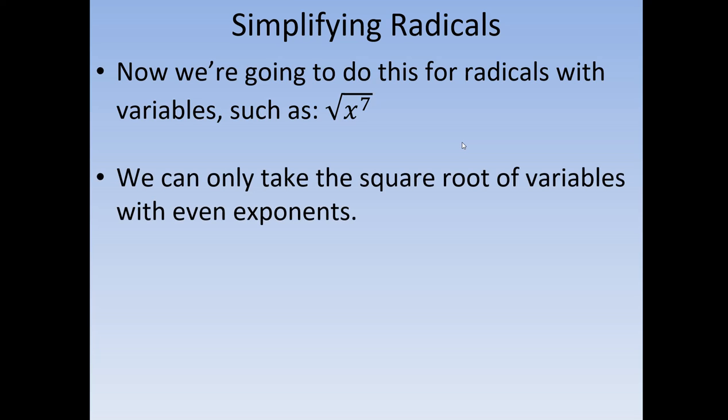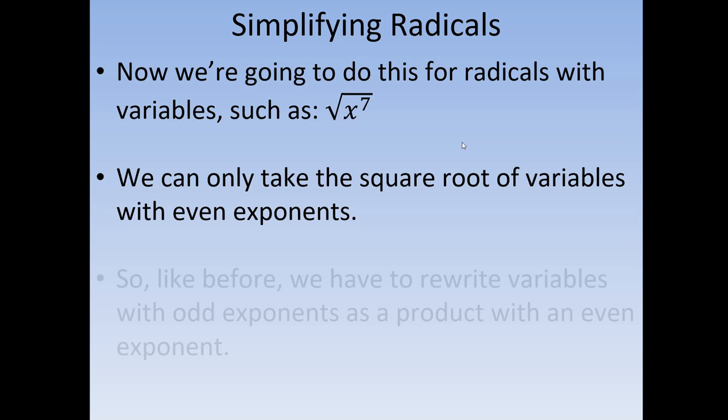We can only take the square root of variables when their exponent is an even number. So what we're going to do instead, just like we did before, is rewrite this as the product of a perfect square, something with an even exponent, and then whatever's left over, the other product.